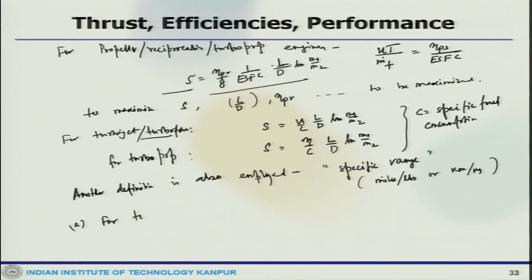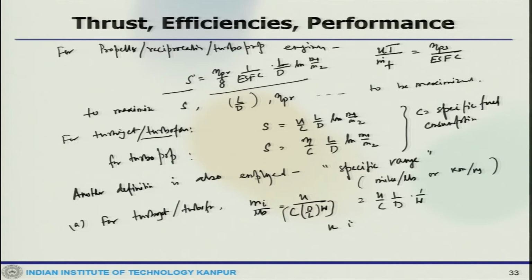For example, for turbojet and turbofan, the miles per pound of mass flow rate would be U by C, D by L, into 1 by W, which is U by C, L by D, into 1 by W, where U is in knots and the specific range will be in nautical miles per pound of fuel.